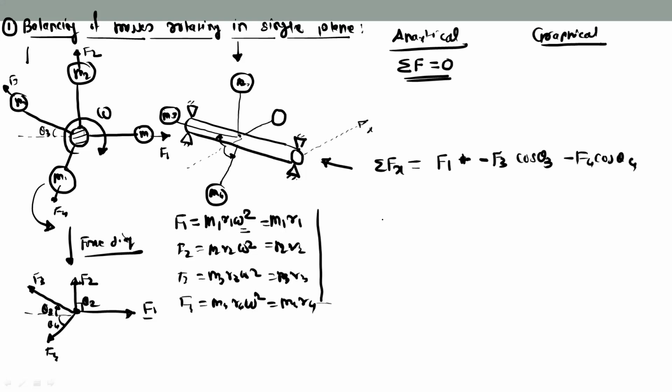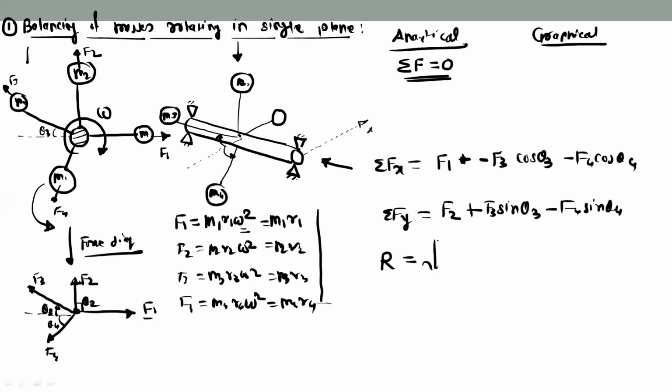So this is summation Fx. Then write summation Fy. For summation Fy, we have F2 plus F3 sin theta 3 minus F4 sin theta 4. From summation Fx and summation Fy, calculate the resultant value.